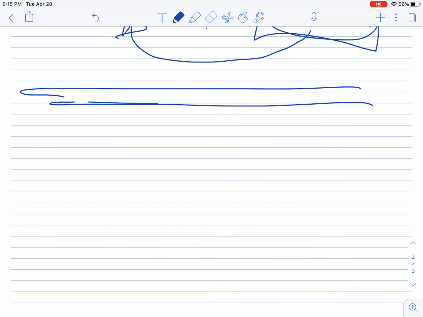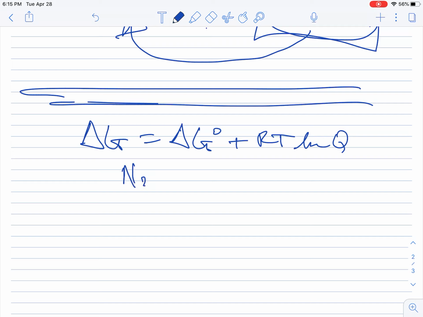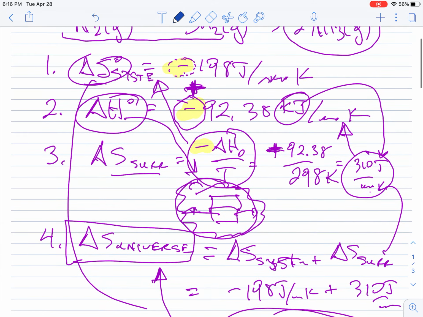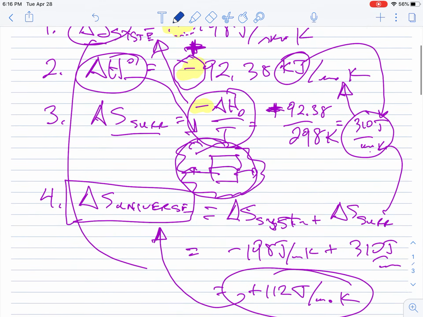All right. So here's the other way that you can look at delta G. Delta G equals delta G naught plus RT times the natural log of Q. Now, if you look at this in terms of the reaction that we talked about, N2 plus 3H2 yielding 2NH3, we figured out the delta G value earlier.